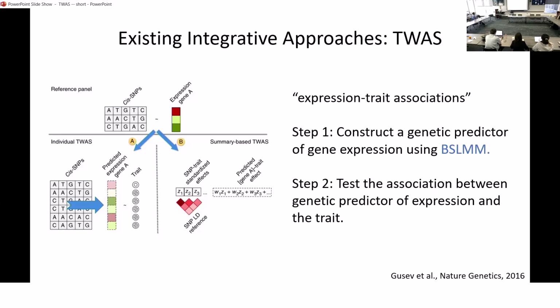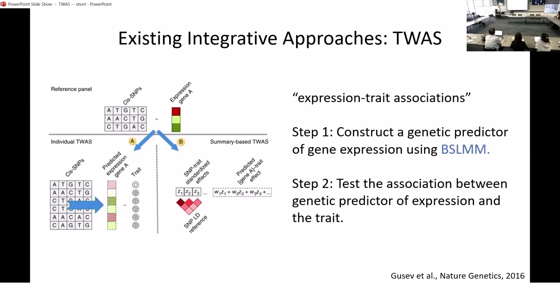Then in step two, once you have the SNP weights predicting gene expression, you can plug the weights into your GWAS, and you can construct the GReX again. You can test the association between the genetic predictor of expression and the trait. So you can see that both methods consist of these two different steps. Both methods look almost identical, with the only exception that one uses ElasticNet to construct gene expression prediction, and the other uses BSLMM.